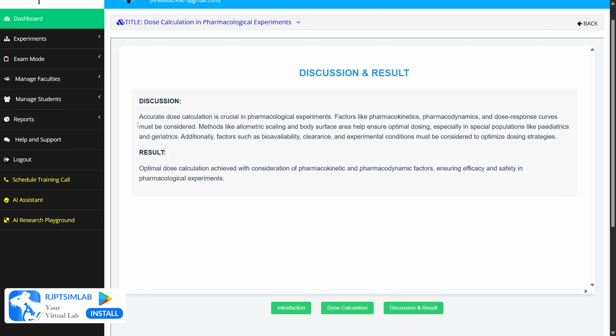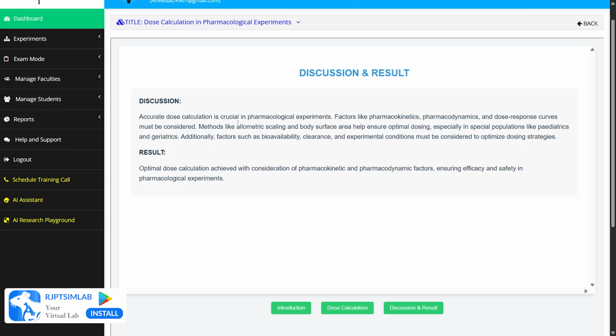The discussion portion says that dose calculation is very important in the pharmacology experiment, and the various factors that we have discussed, the pharmacokinetic factor, the pharmacodynamic factor and dose response curves, must be considered while calculating the dose.